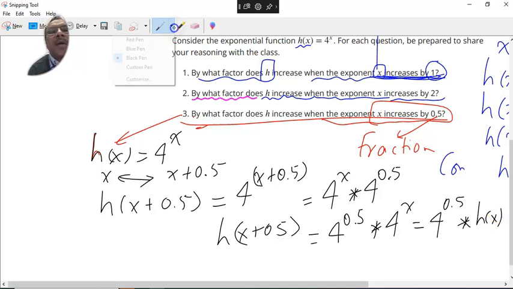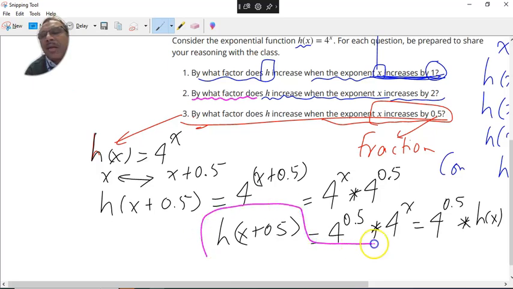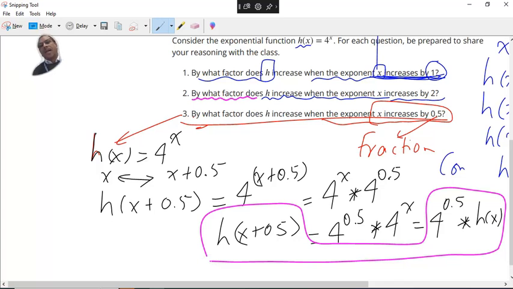So what did we learn from here is, this is what we started with and this is what we got. Look, that's how beautiful this is: whatever you're adding here, so this plus 0.5, that is added to the input, then the final answer is multiplied by 4 raised to 0.5.